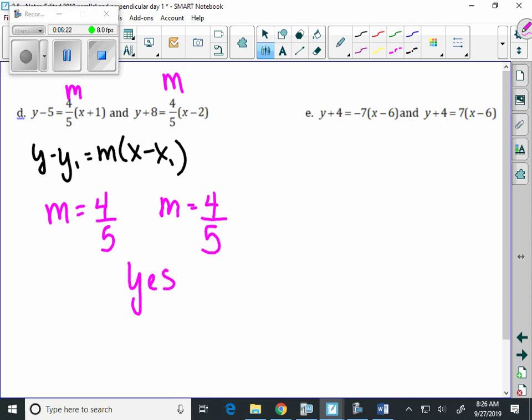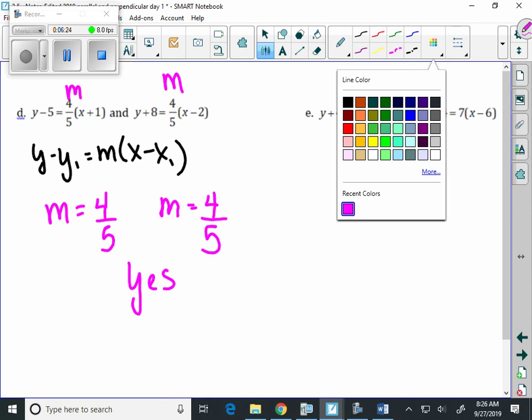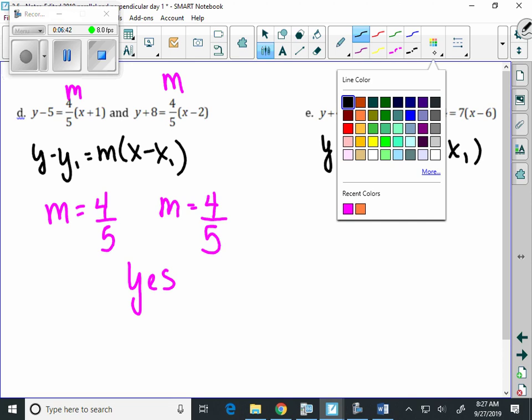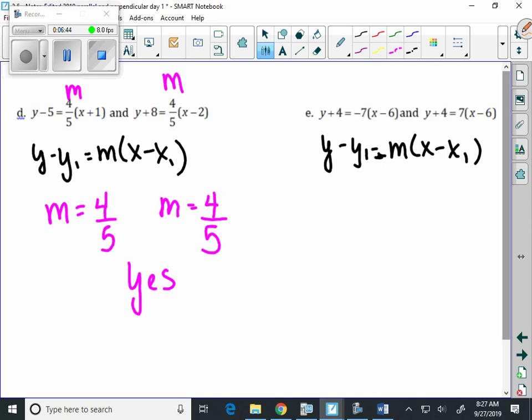Lastly, can we take a look at this one? Y plus 4 equals negative 7 times x minus 6. Well, y minus y1 equals m times x minus x1. Our slope in this particular part is here.